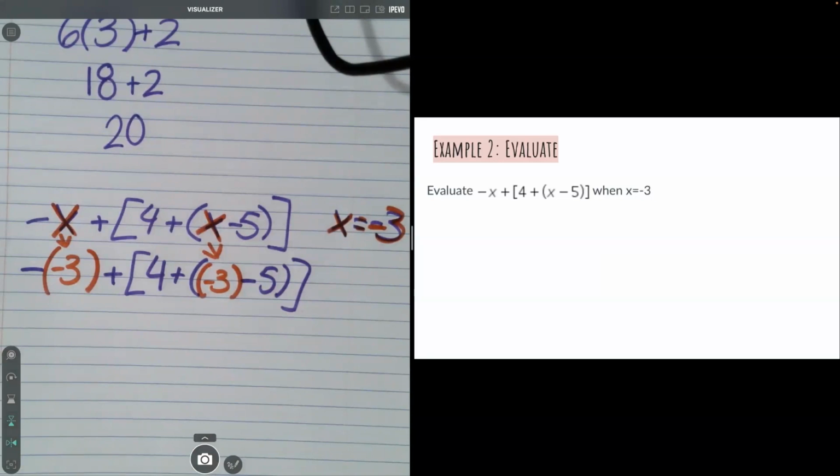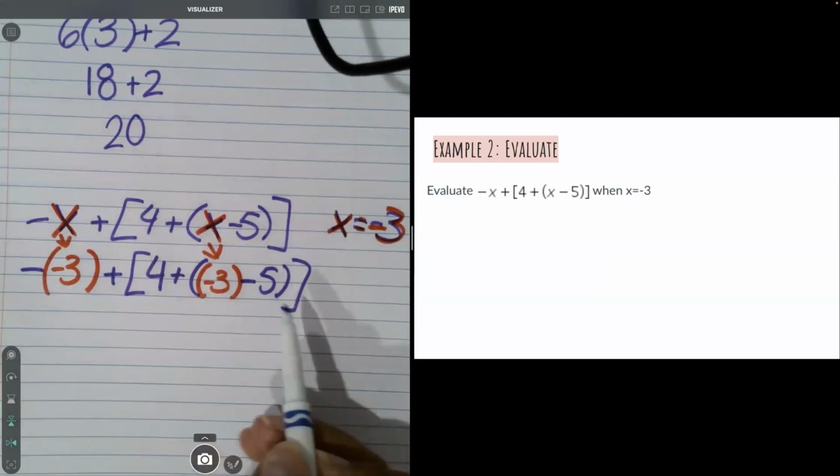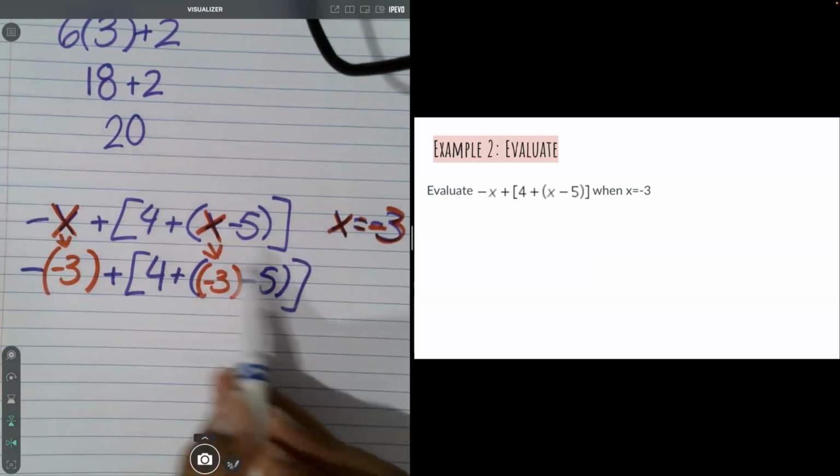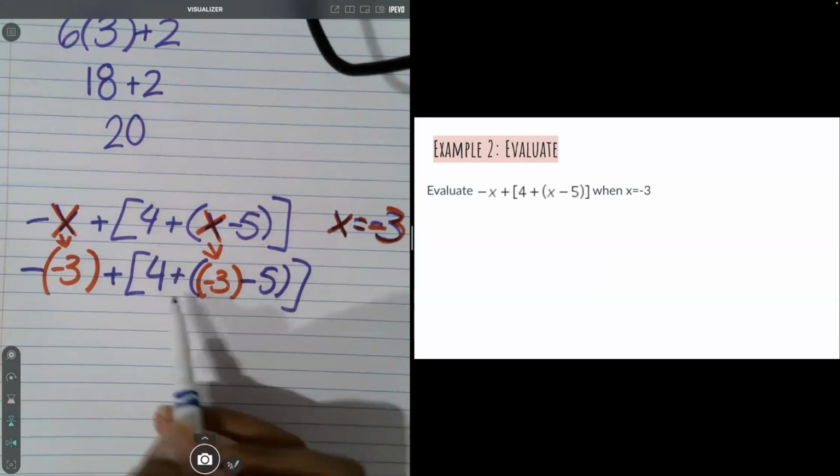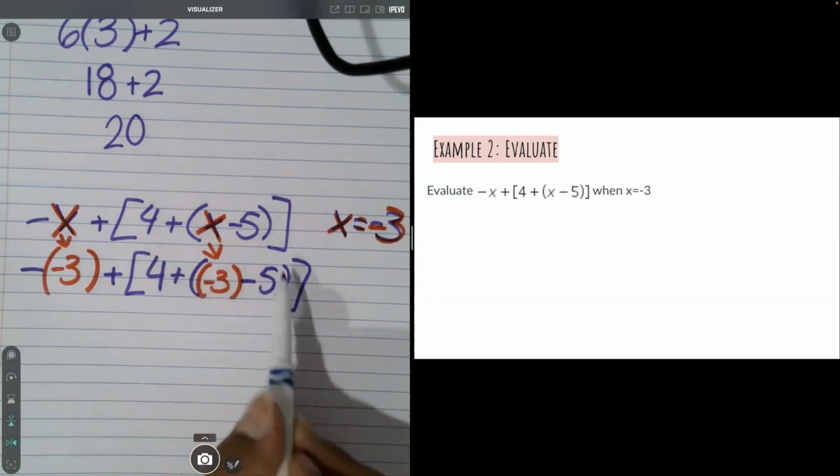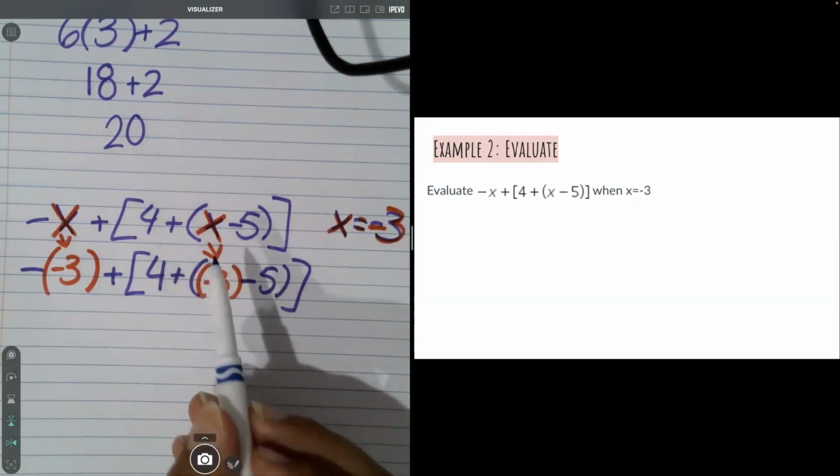So now I just use my order of operations to evaluate. I'm going to write this in a different color too. So left to right, looking at this, I see my grouping symbols, the brackets, and inside of them I see another pair of grouping symbols, these parentheses.